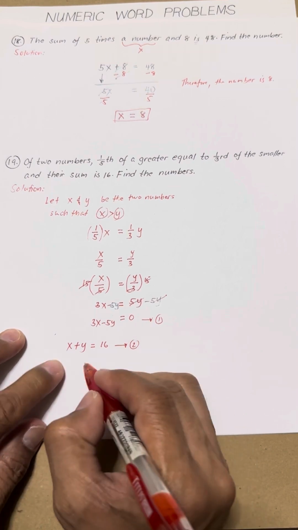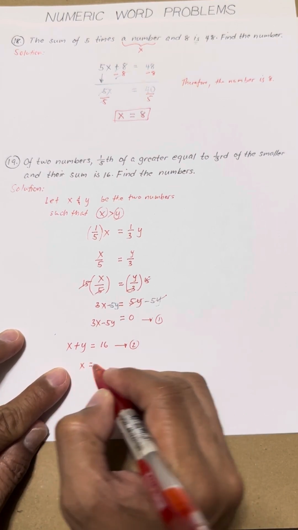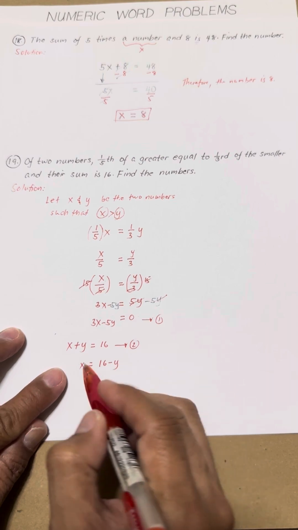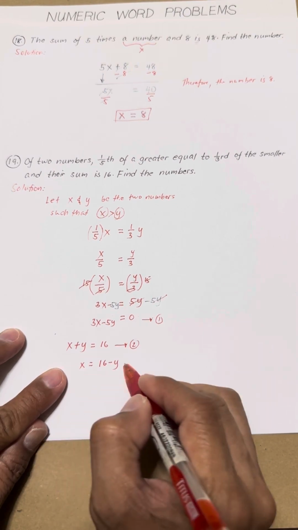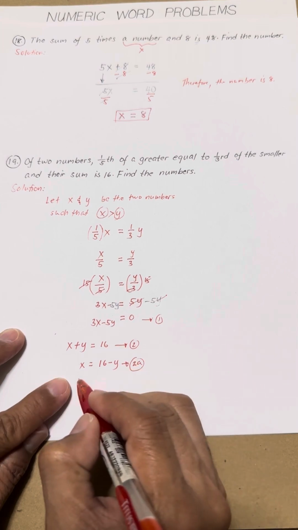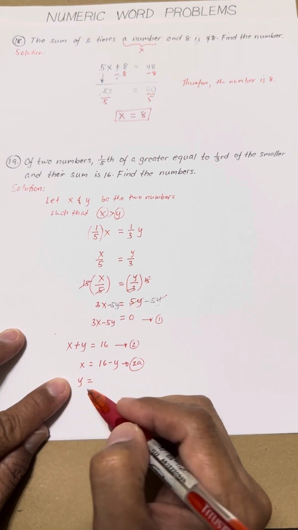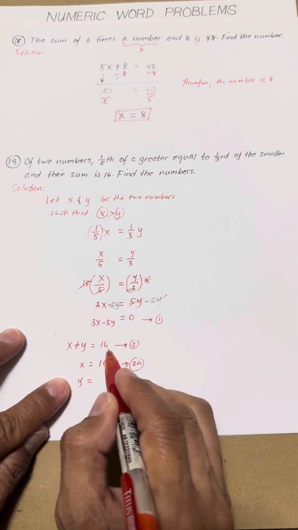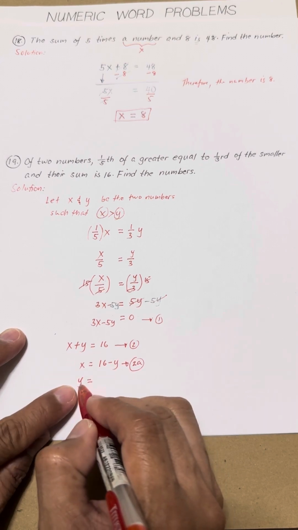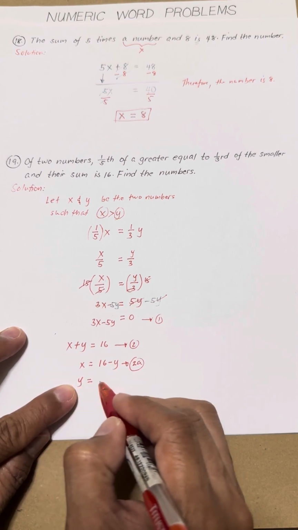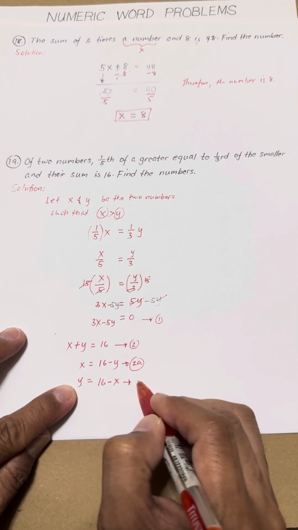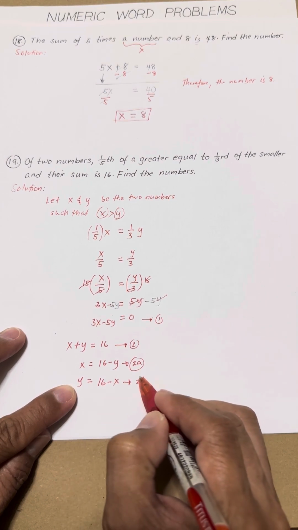From here, we can solve x in terms of y: 16 minus y. You just subtract y on both sides. We can call this equation 2a. Or we can solve for y in terms of x by subtracting both sides of this equation by x, so y will be left on the left side equal to 16 minus x. We can call this our equation 2b.